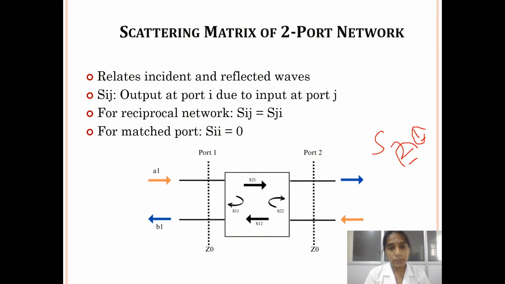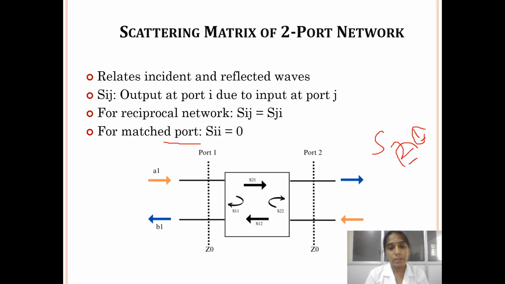For matched ports, the value of Sii will be equal to 0. For example, let me consider the input wave A1. In the matched network, when you pass the wave A1, the total wave will be transmitted to port 2, because both impedances are matched, so from the output side we will not have any reflection.